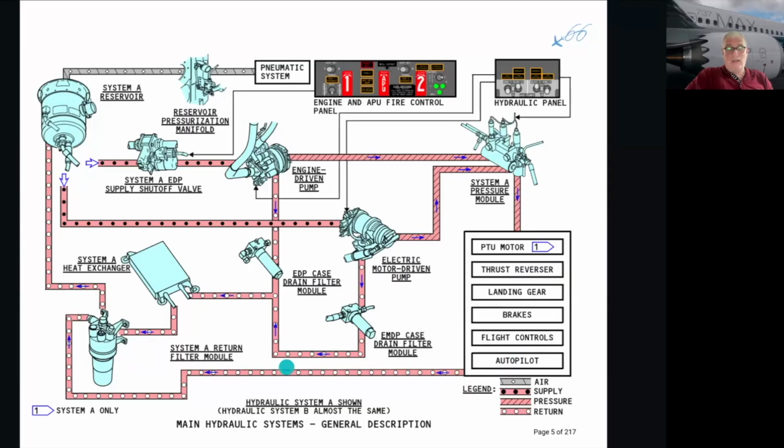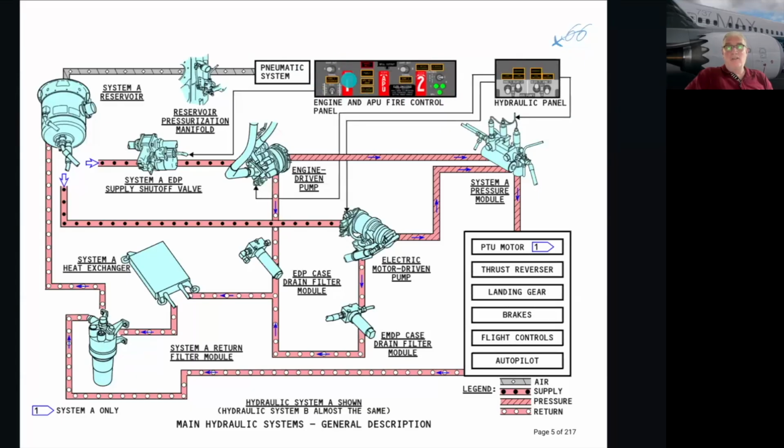You can see the white little dots here to this filter return module, and returns to the tank. I also have a return from the motor-driven pump, and I circulate it through the wings, through these system heat exchangers. In the wings we have these heat exchangers, which we'll talk about in a minute. That's basically the layout of system A.